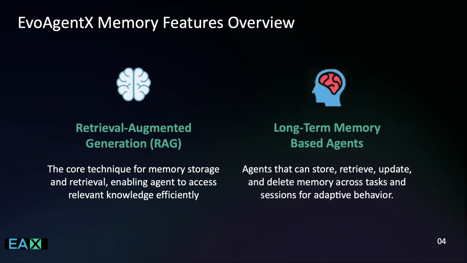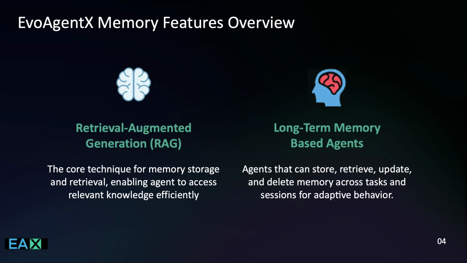Next, I would like to provide a brief overview of the existing memory features in EvoAgentX. Currently, there are two core functions in EvoAgentX that are relevant to the memory. The first one is the retrieval augmented generation techniques. The RAG technique is the core function for the memory storage and retrieval.